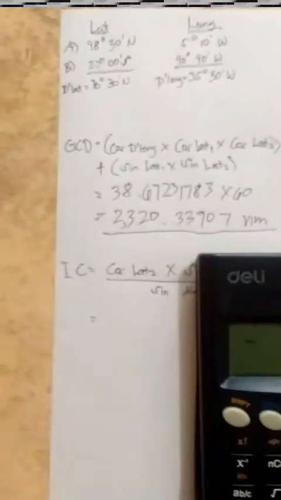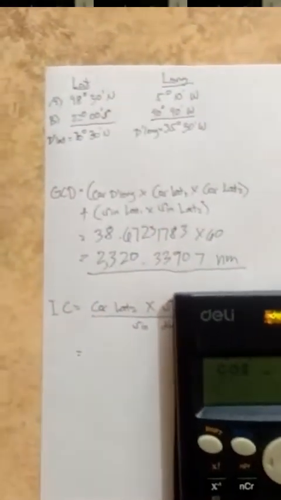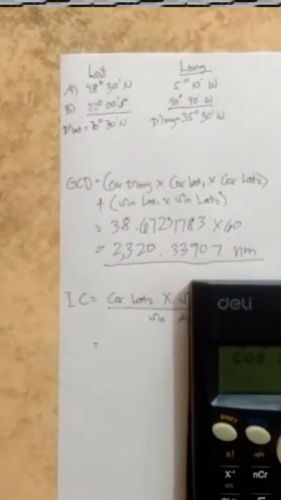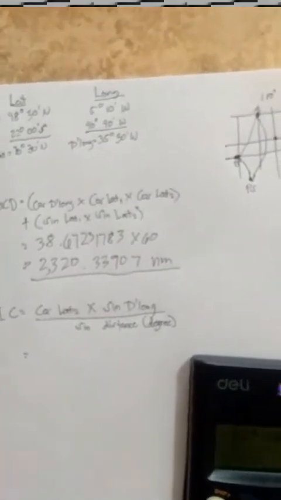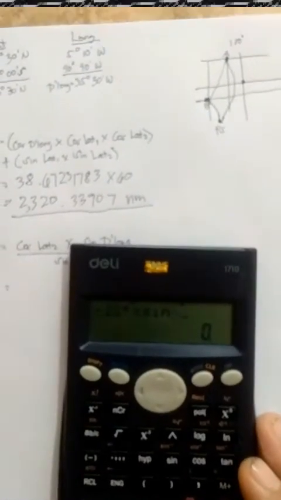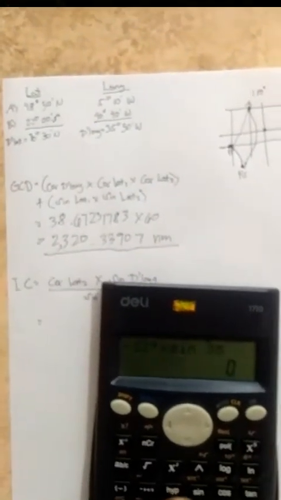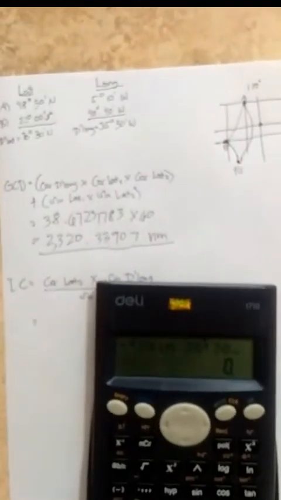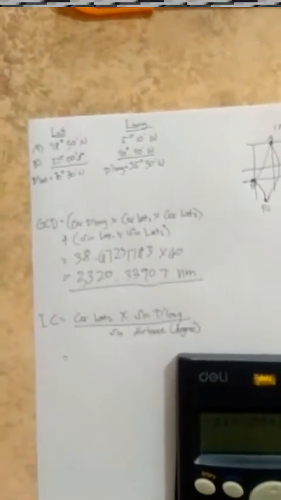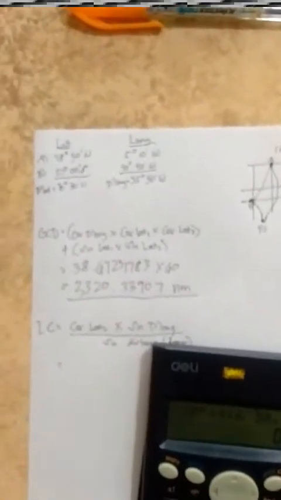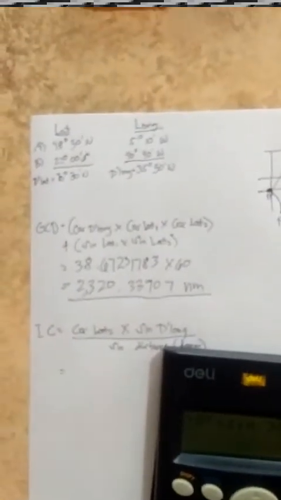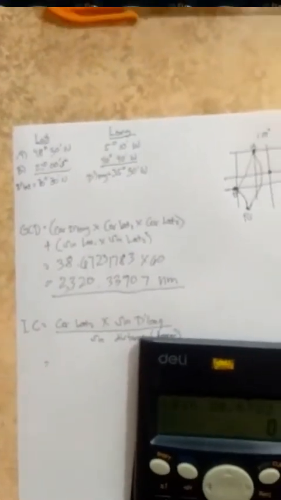Cos lat 2, where lat 2 is 22 degrees, times sine d long, which is 35 degrees 30 minutes, over sine 38.67231783.